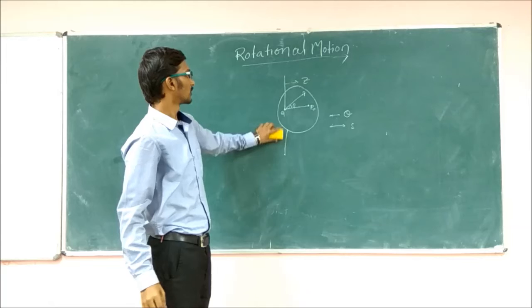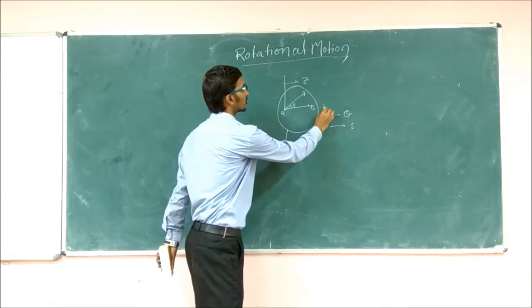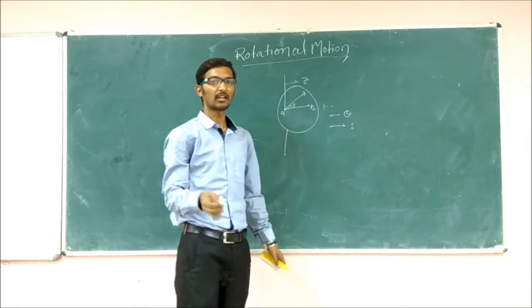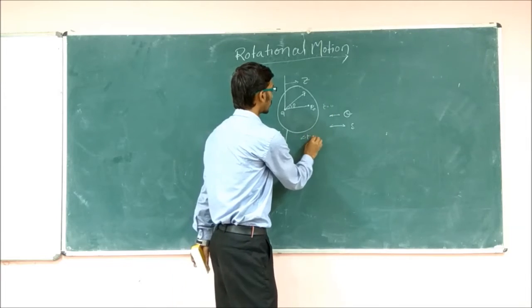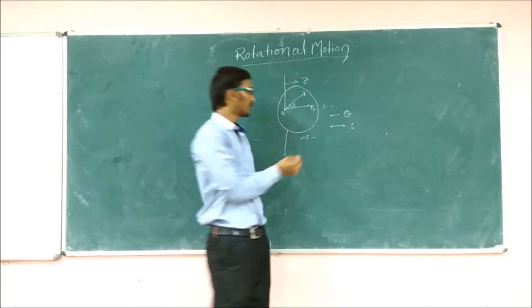Suppose the point is at position P0 at initial time t equal to 0, and after time delta t, it has attained a new position P, and the change in angle is delta theta.